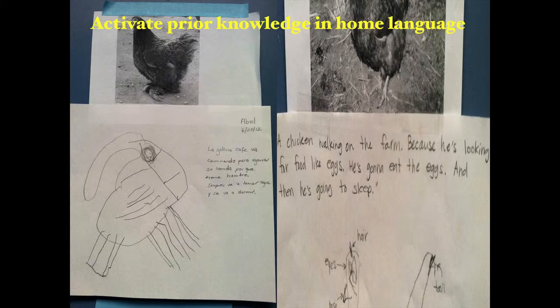Incorporating opportunities also for children to think about what they already know about a concept or a topic, and encouraging them to use their home language is key. Tapping into their prior knowledge and using their home language is an excellent strategy for the child to be able to explore what he or she knows without being limited by what the child can explain or share in English.